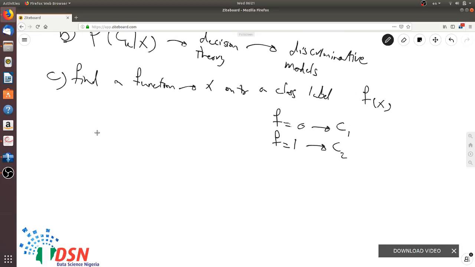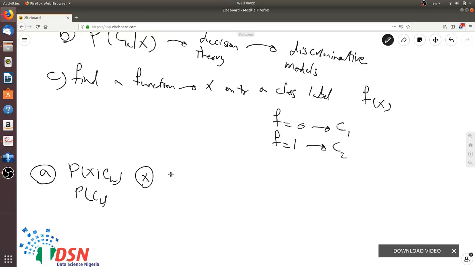So, how should we compare these three approaches? In the first approach, where we obtain class conditional probabilities, usually x has very high dimension. Like images, we have lots of pixels, so we need very large training data.